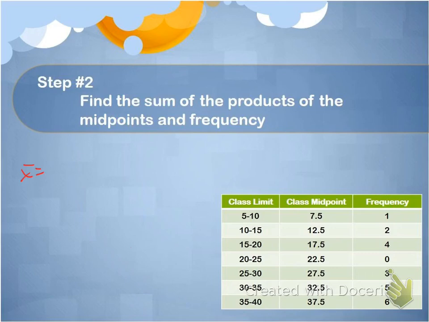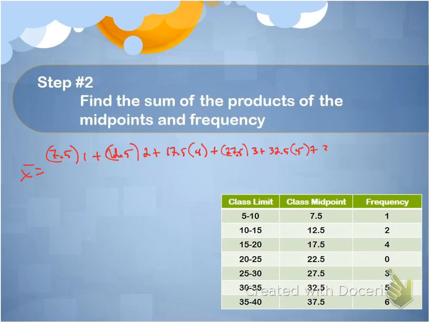To find this mean, we take 7.5 times 1, 12.5 times 2, 17.5 times 4, 22.5 times 0, but that just gives us 0, so we don't have to worry about that one, 27.5 times 3, 32.5 times 5, and 37.5 times 6.